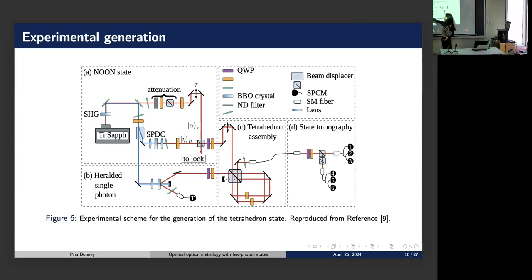We then have a single photon that we create separately through a heralded approach, and both of these we generate from a pulsed laser source, and we use spontaneous parametric down conversion sources to create the single photons. That's the SPDC crystal label on the diagram. Then we interfere both of these 2 separate states together in the Sagnac interferometer, and then we can do tomography on our state and characterize the tetrahedron state that we created.